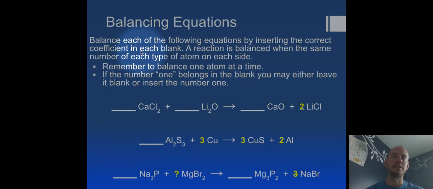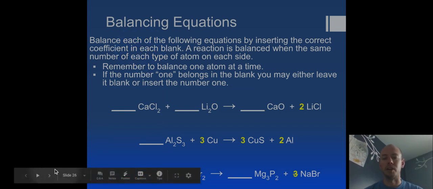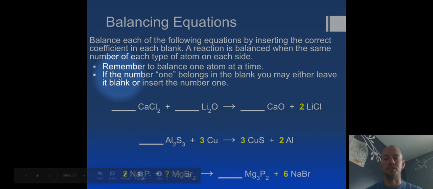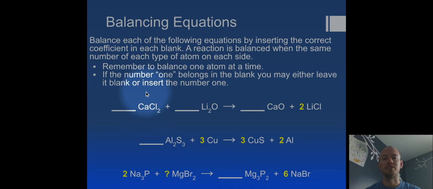When you get into the situation where it's even on one side and odd on the other, the strategy is always going to be the same. You start over by doubling everything. So what I did there, and as soon as that pointer goes away you'll see, I doubled my sodium phosphide. So down there at the bottom, there's now 6 sodiums on the left, so I got to 6 sodiums over here on the right.